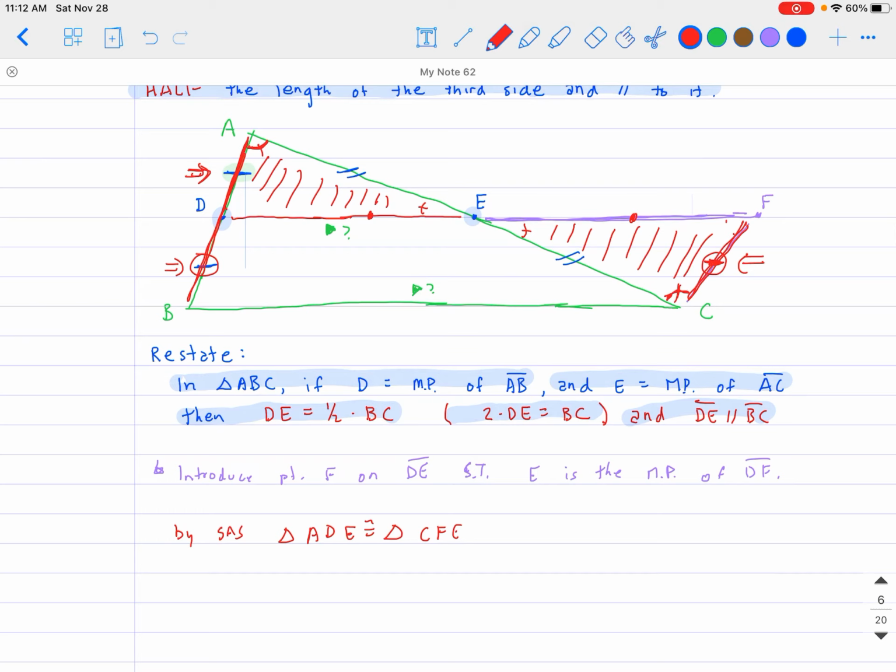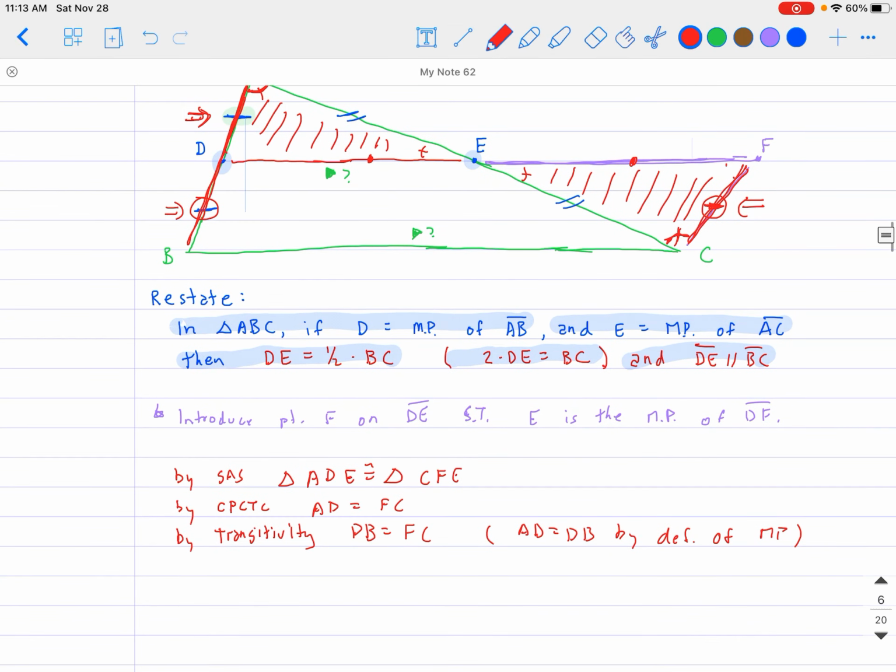By SAS, these two triangles are congruent to each other. And then by CPCTC, AD is equal to FC. And then by transitivity, we can say now that DB is equal to FC as well, because from earlier, AD is equal to DB by definition of midpoint.